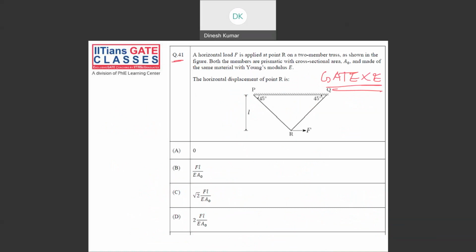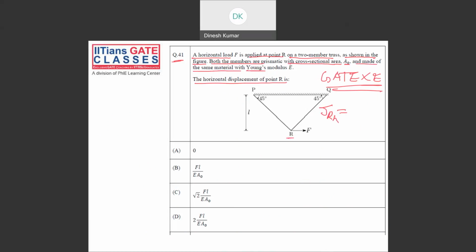Read this question. A horizontal load F is applied at the point R on a two-member truss, as shown in the figure. Both the members are prismatic with cross-sectional area A naught and made of the same material with Young's modulus E. The horizontal displacement of point R is? As I told, from the strain energy method, you want to find delta R in the horizontal direction.